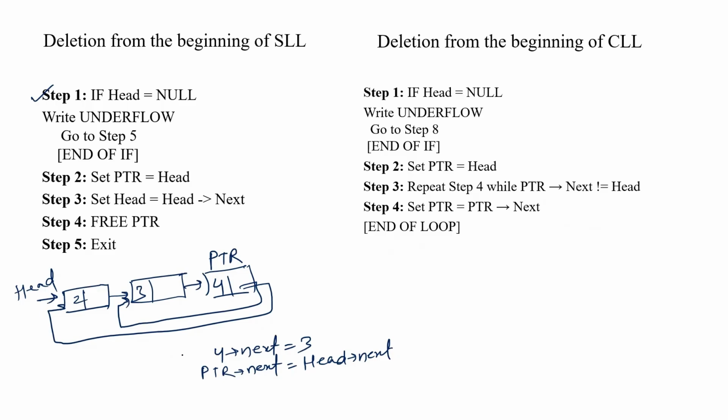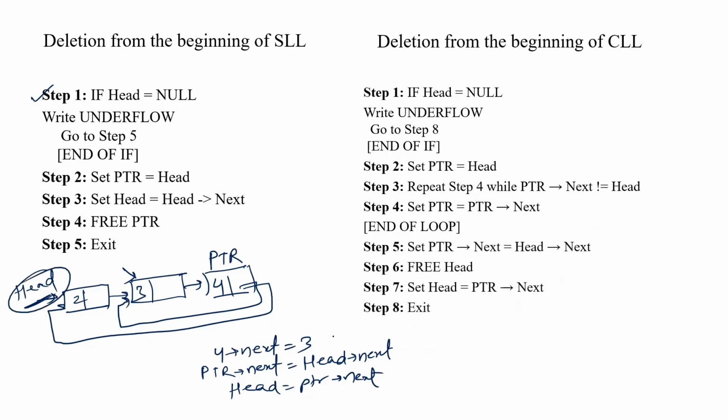Now we can free head and we have to make this node the head also. If you want to bring 3 as the head node, we can do head is equal to PTR to next. But before that, we will free the head node.